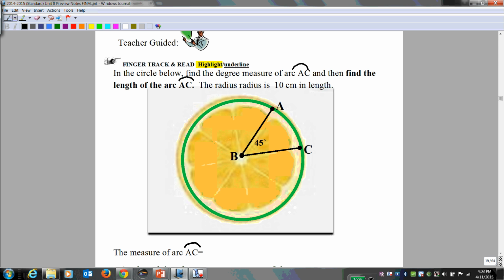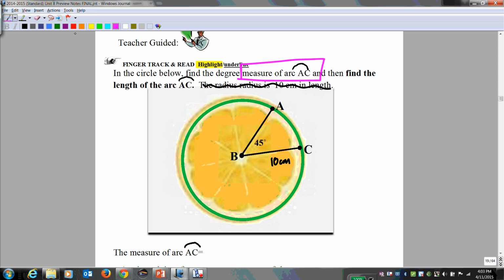Okay. In the circle below, you're going to find the degree measure of the arc AC, and then find the arc length AC. The radius is 10 centimeters. Now I'm going to cross this out. We just said radius length. Now look very carefully.